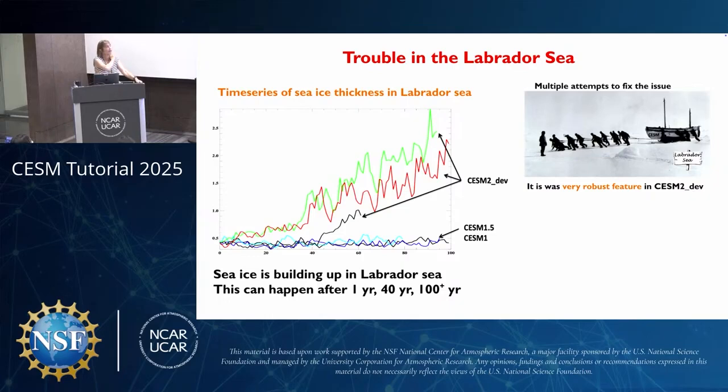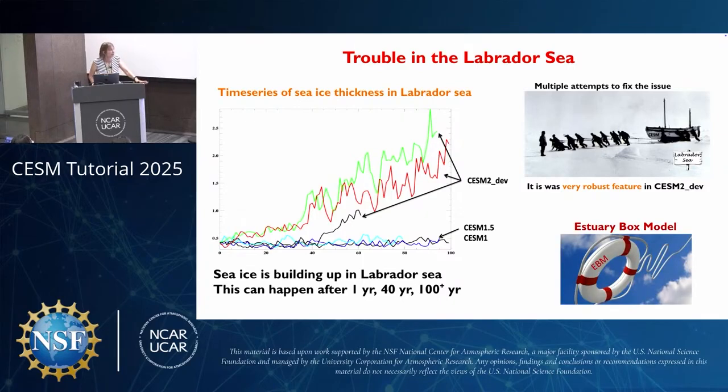We made multiple attempts to fix the issue, and it was not working. It was really robust. And at the end, we had unexpected help from the estuary box model. At the same time, the oceanographer was working on the estuary box model. Don't ask me what it is exactly; I will ask an oceanographer when he is in the room.